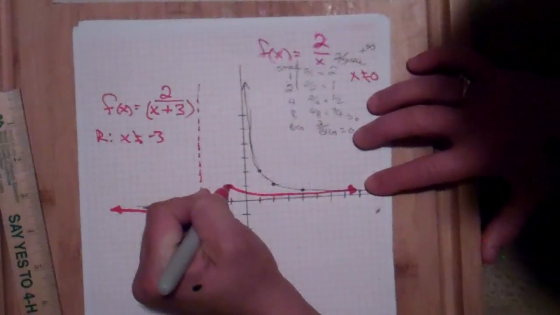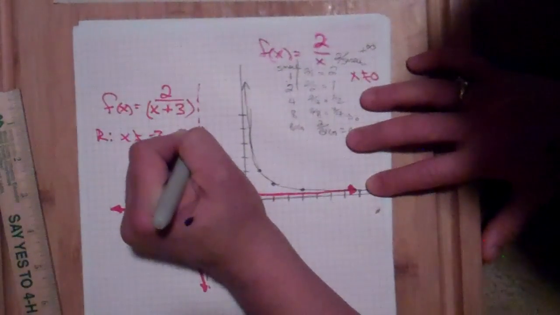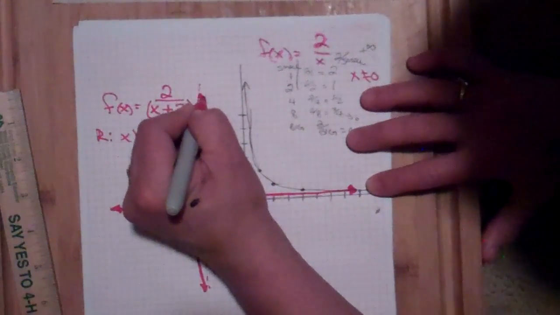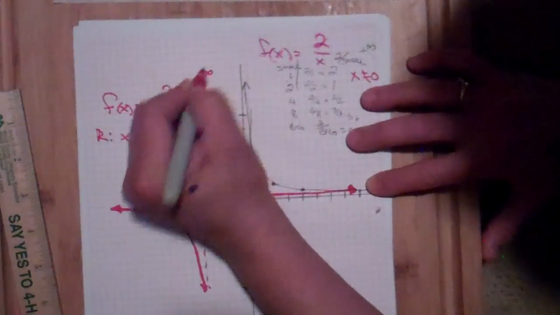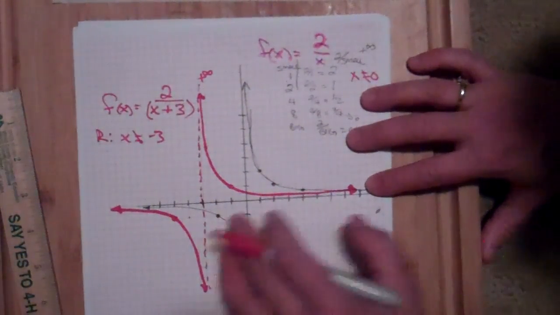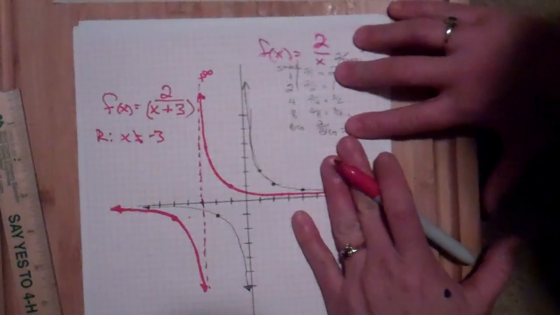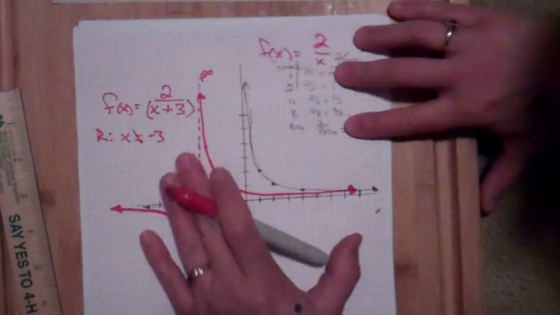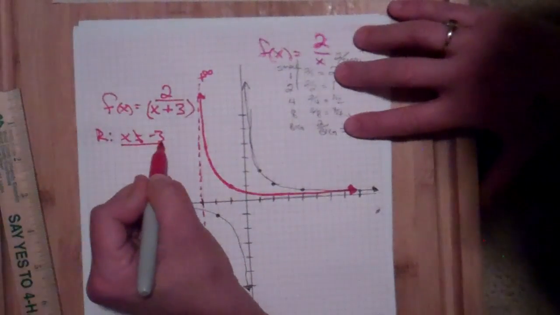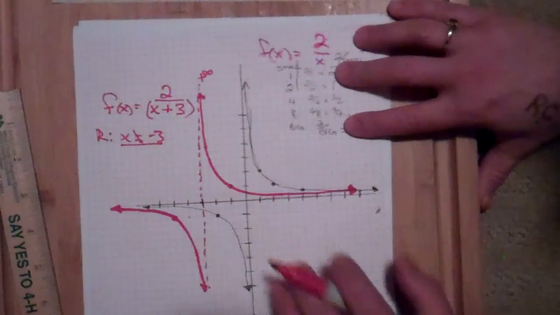As I approach the asymptote, my values will escalate to a very large number and head out for a positive infinity for the y value. And so what I had as a black graph originally as 2 over x has just shifted to the left 3. The restrictions are that my domain cannot ever include the value -3, and my final graph is the red one.